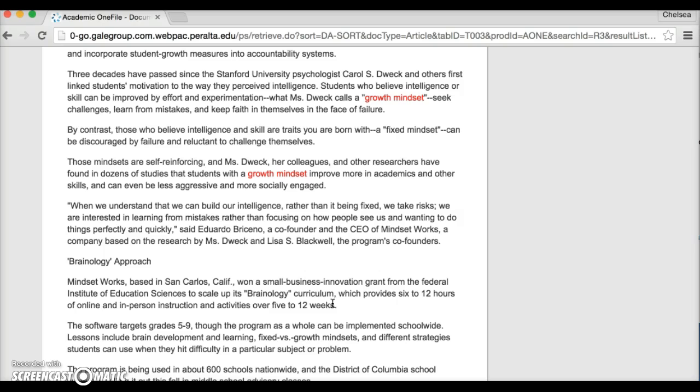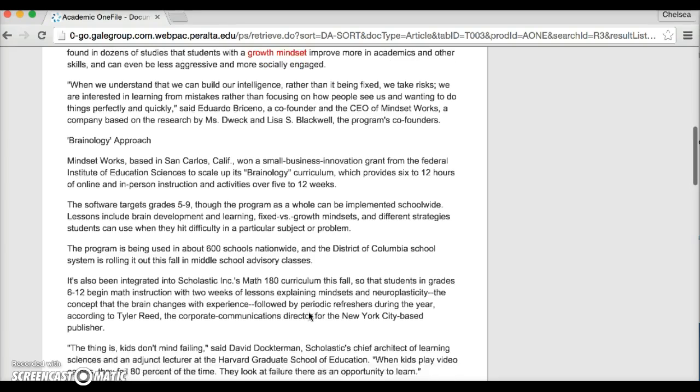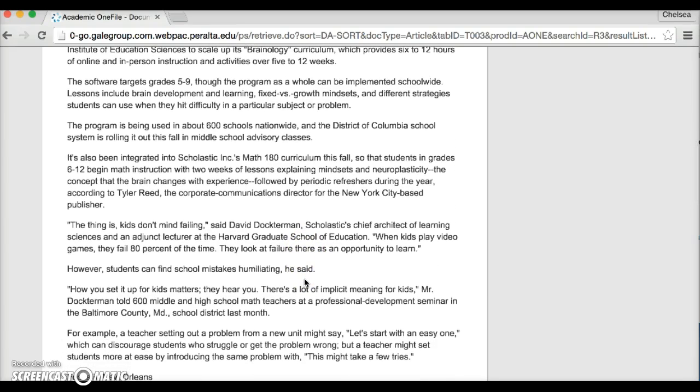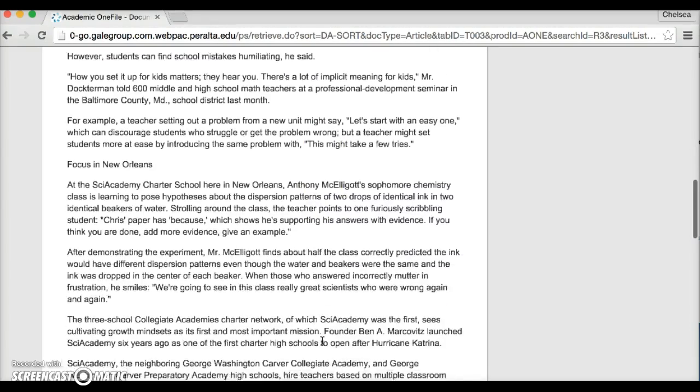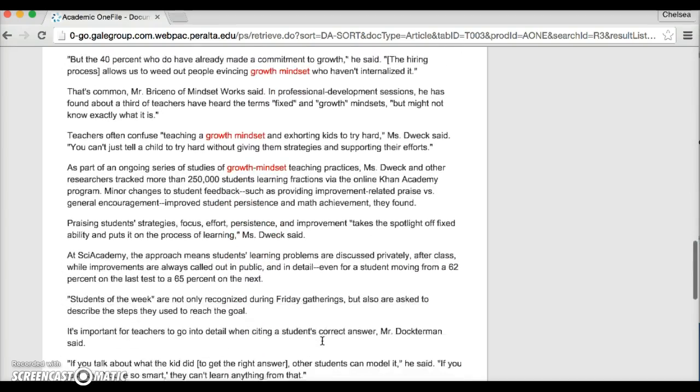It looks like some American schools are starting to teach the growth mindset. So you could use ideas from here to prove that Americans are already starting to adopt this mindset, and you can use research from here just to supplement your own ideas.